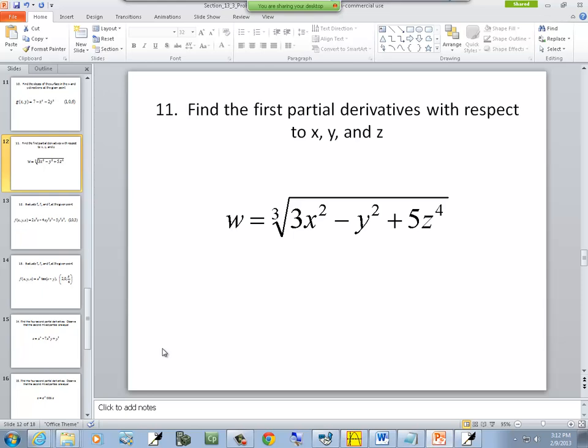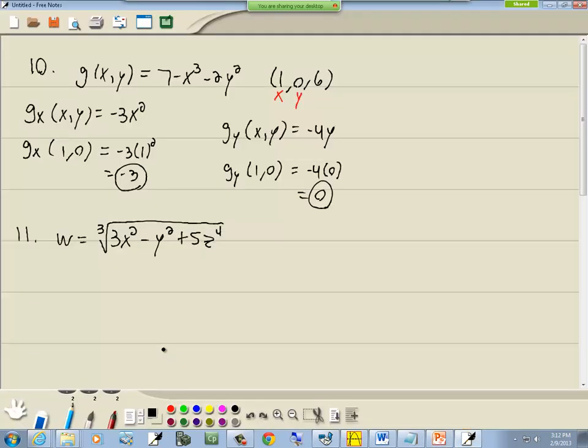Okay, it says find the first partial derivative with respect to x, y, and z. Okay. Well, let's put this into rational exponent form first. So we're going to have 3x squared minus y squared plus 5z to the fourth, all to the 1/3 power.